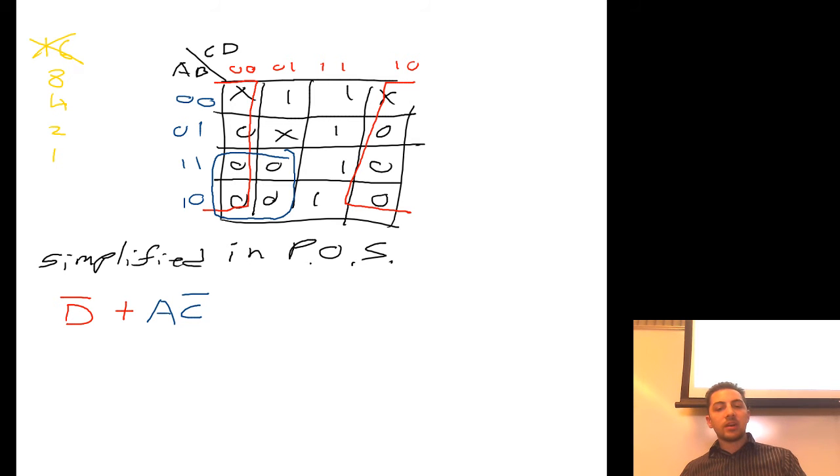This, by the way, however, is not product of sum. Remember, what we just did was we circled what F wasn't.